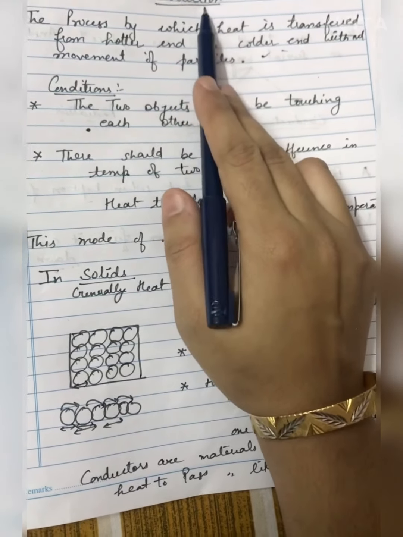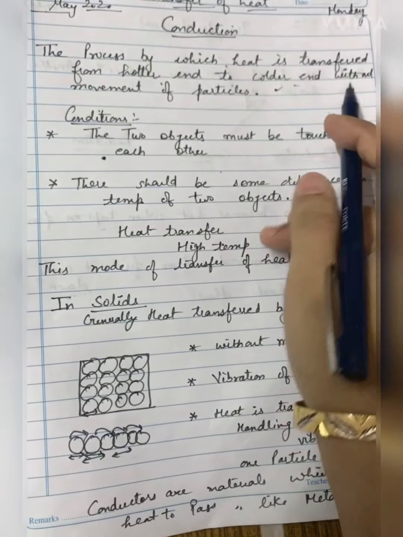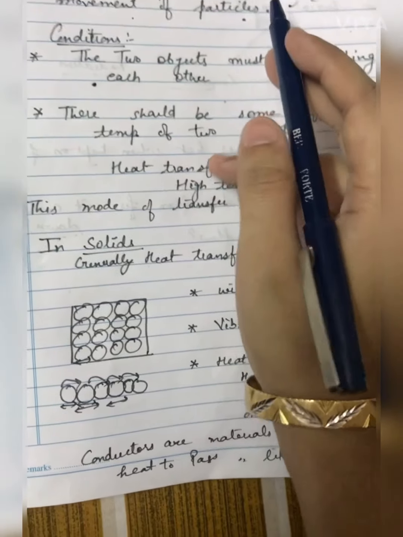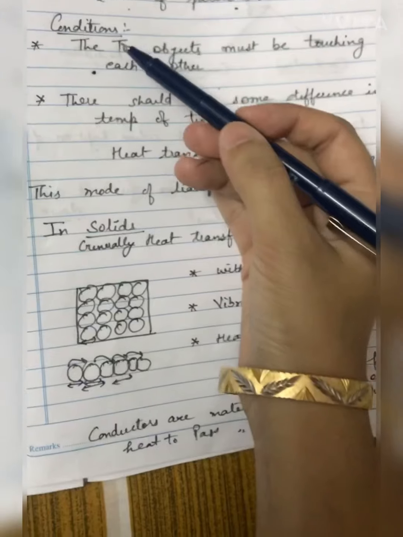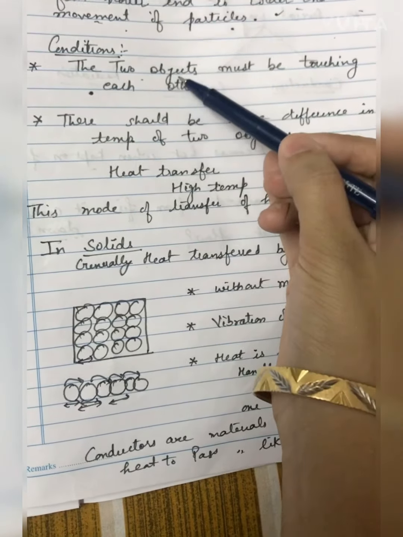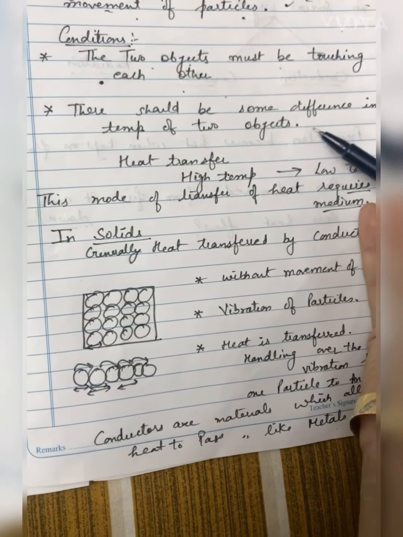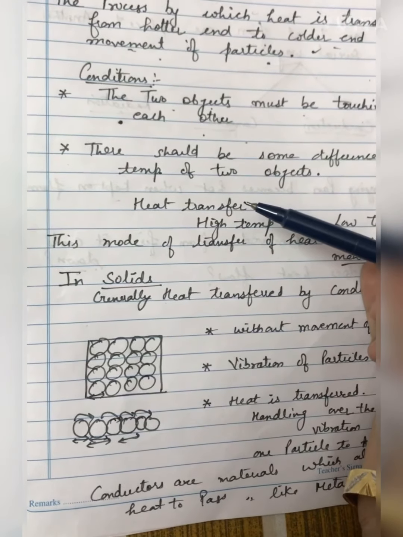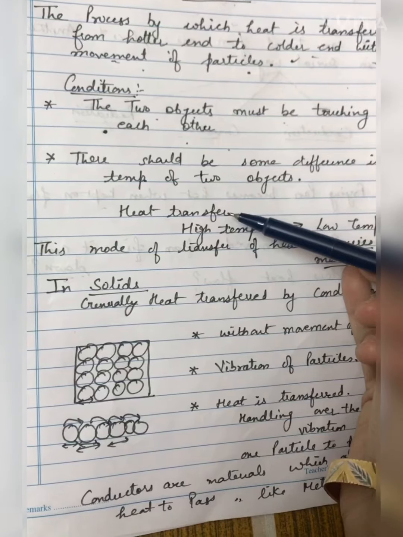But in the mode of conduction, heat is transferred from the hotter end to the colder end without the movement of particles. So we will discuss what this means and what the conditions for this conduction method are: the two objects must be touching each other and there should be some difference in the temperature. That means one object should be at high temperature and the other at low temperature. Then the heat is going to transfer.